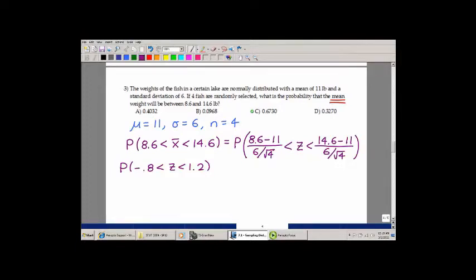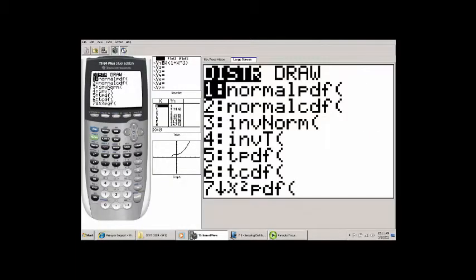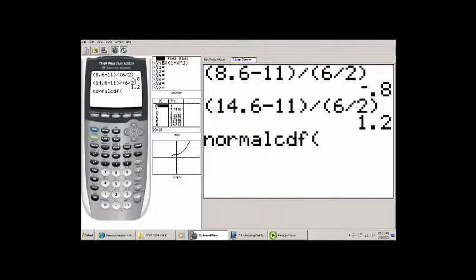So if you were using the chart, it would be the table value at 1.2 minus the table value at negative 0.8. You'd look those up and subtract the two. The answer has to be positive because it's a probability. It has to be between 0 and 1 also. But I'm going to use the normal CDF command here. Normal CDF, enter, negative 0.8, comma 1.2.